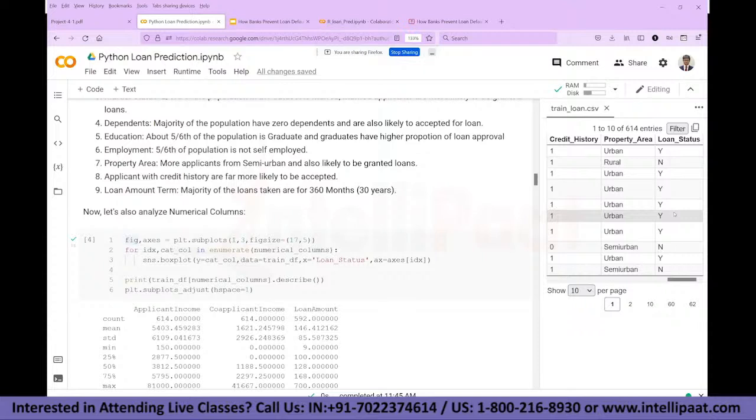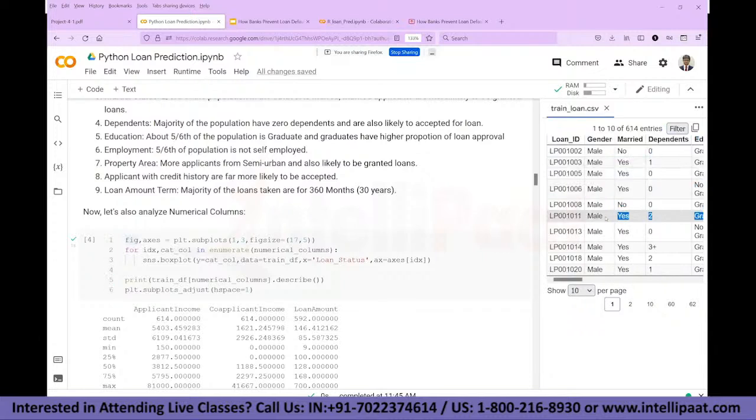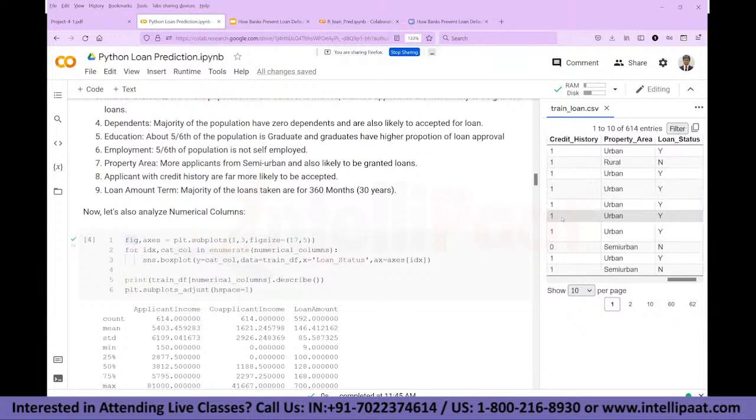I'm trying to predict: these are the applicants, these are their profiles, these are all the attributes I have for this new applicant ID coming to me tomorrow, and should I give him or her a loan or not? So I'll use this predictive model, which has learned from my past history, and based on that past history it will try to do a prediction. So what is my model saying?